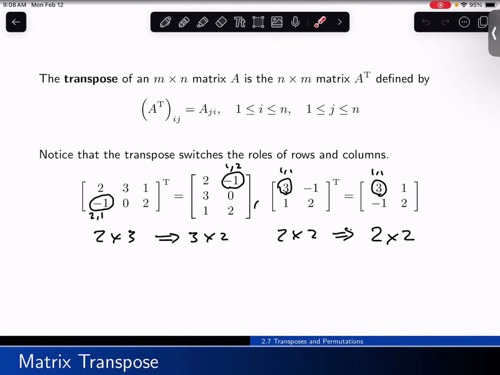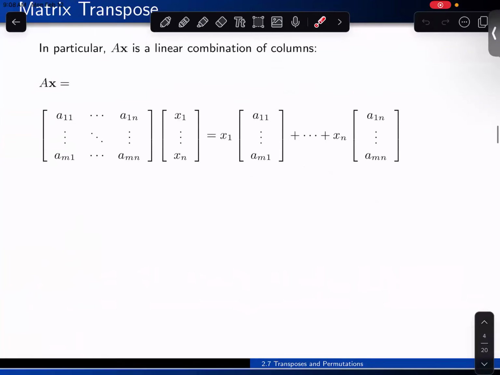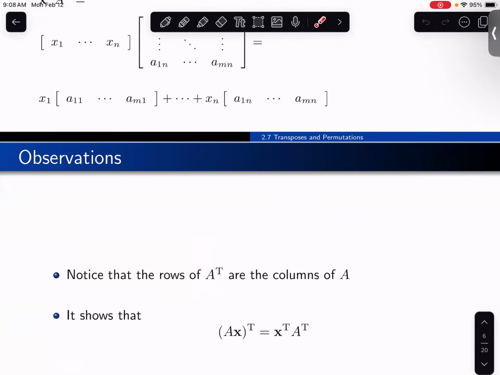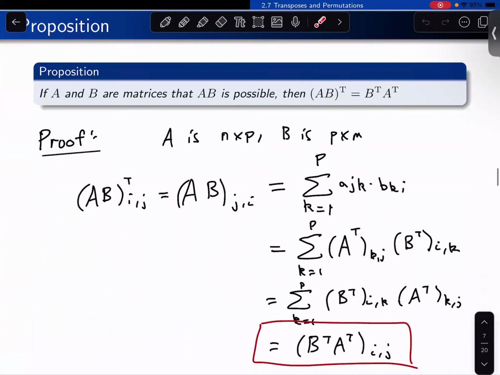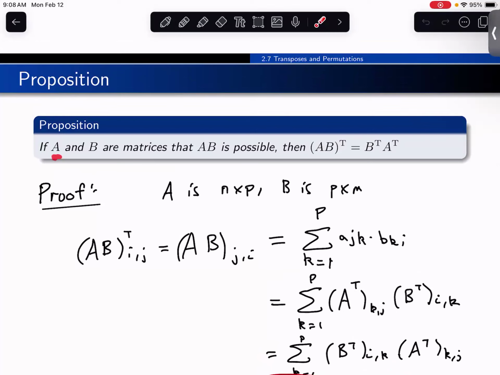We're not going to go too deep into what's going on with transposes applied to every single matrix ever, but we're going to record a couple of properties. The most important one, where we left off on Wednesday, is that if we have 2 matrices, A and B, such that you can multiply them together, so the number of columns of A equals the number of rows of B, then if you take the transpose of the product, you just switch the order of B and A. So it's the transpose of B times the transpose of A. It switches the order, similar to what we saw with inverse matrices.